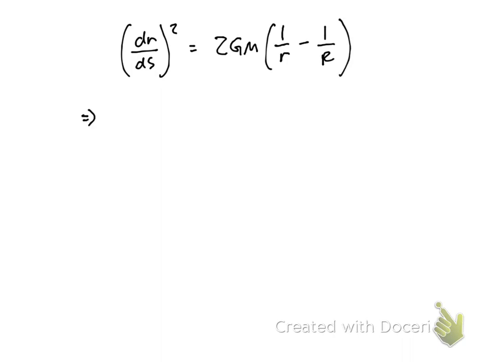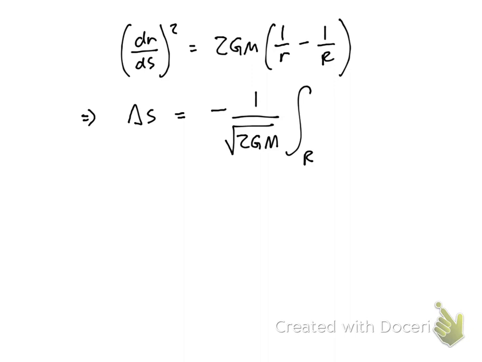What that means is, if you want to figure out how much s changes along the trajectory, you can just solve for ds as a function of r from the above equation, and then you can just integrate like this.